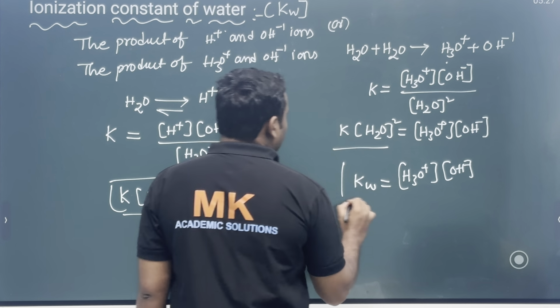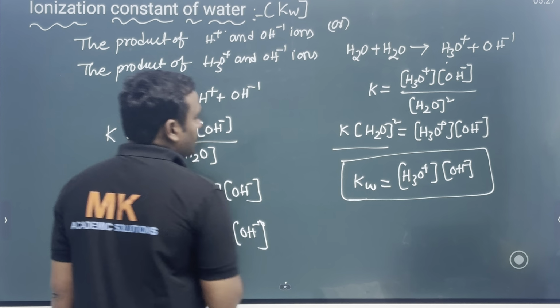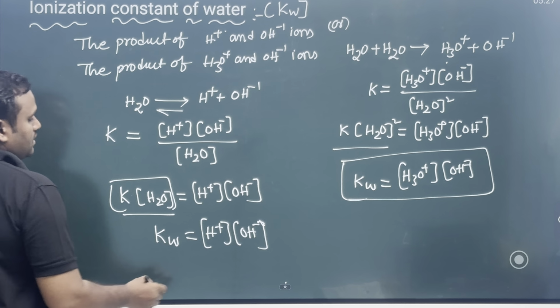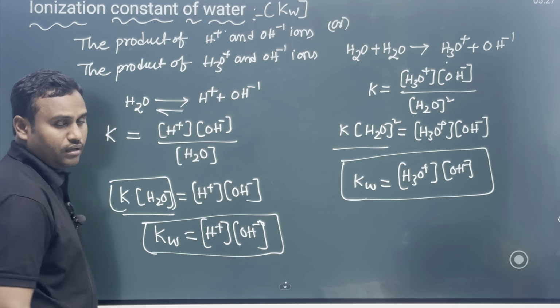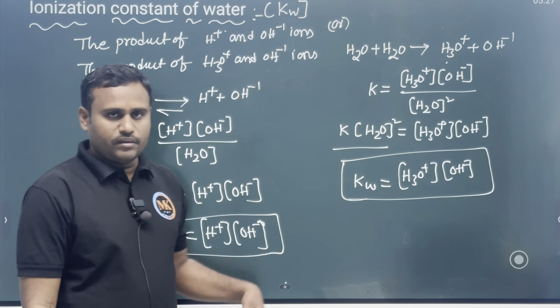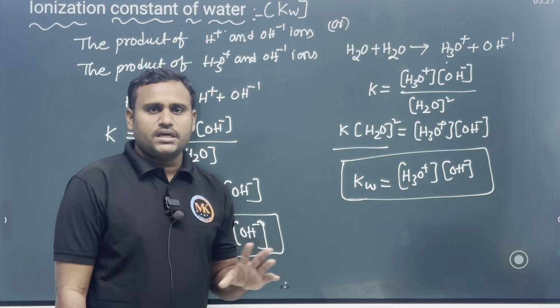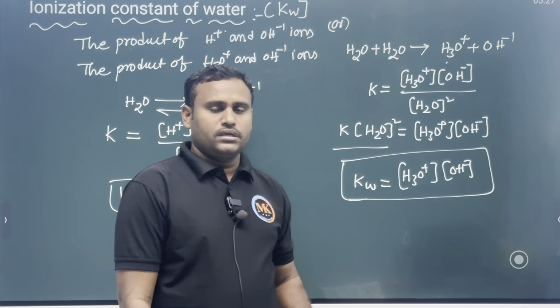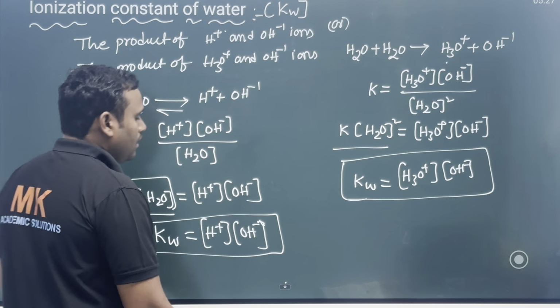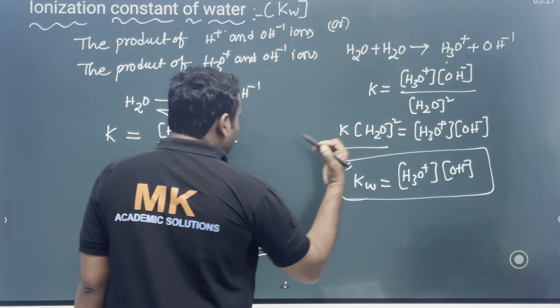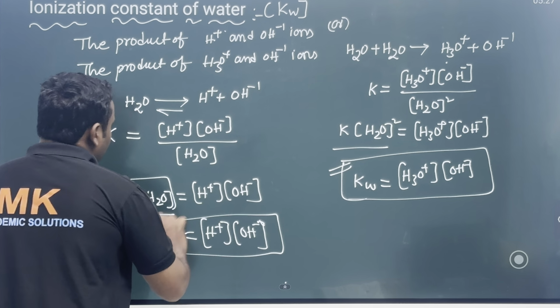This is also the dissociation constant of water, and there is no difference between them. Generally H plus cannot exist independently in water. It always exists as H3O plus. That's why we take this one, and this is also correct.